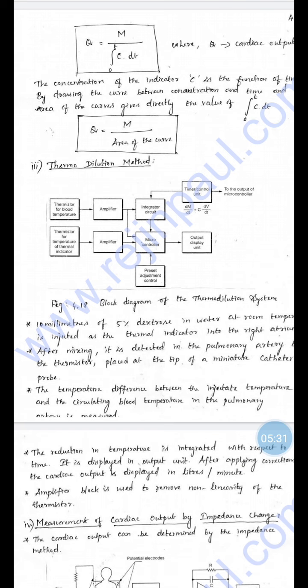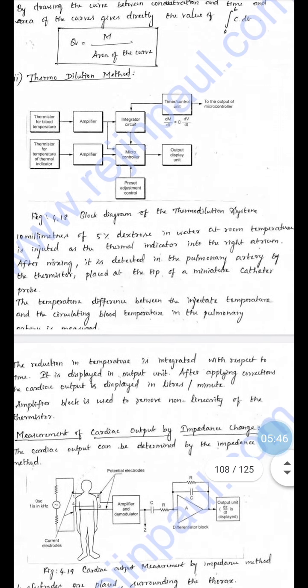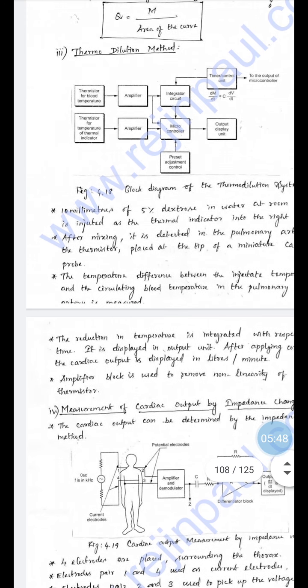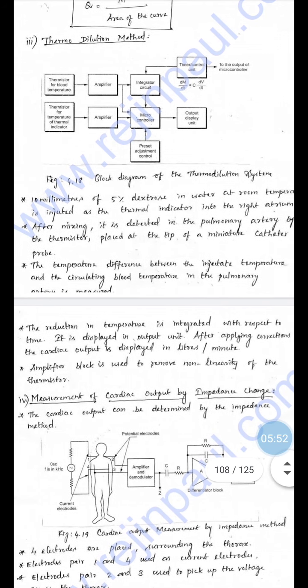our measured Q value. Okay, so the next one is the thermodilution method. In the thermodilution method, the block diagram is given as shown. Here 10 milliliters of 5% dextrose in water at room temperature is injected as the thermal indicator into the right atrium.